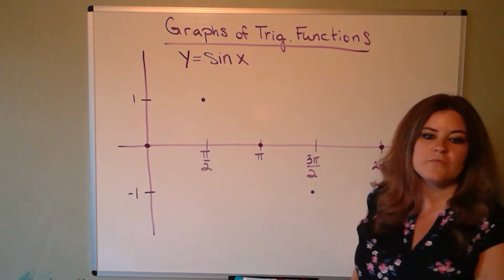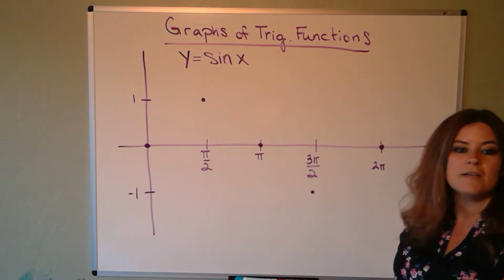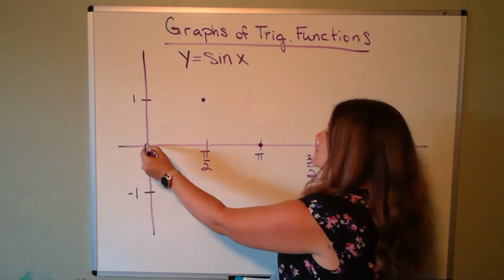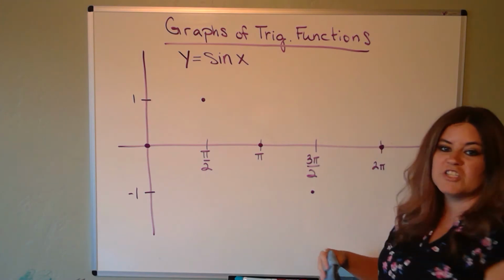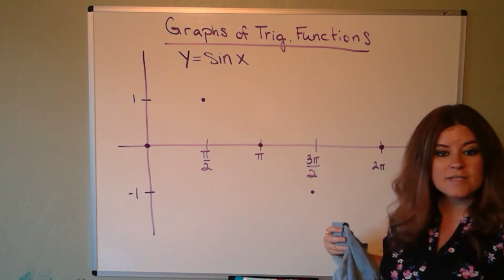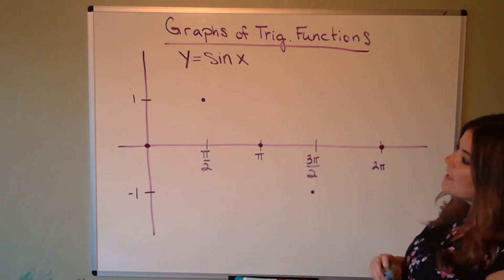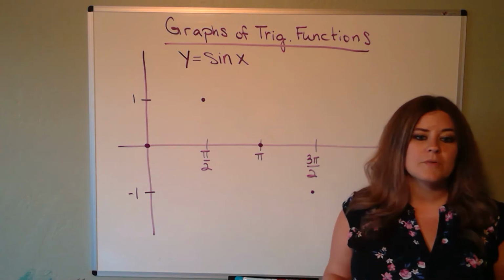Alright, so I've got a bunch of points, but if you don't know anything about the sine function already, this might not be enough. You guys, how do these points connect? Do you think they might connect in straight lines, like a jaggedy zigzag situation? Or what, right? So you guys, sine and cosine functions take the form of waves.